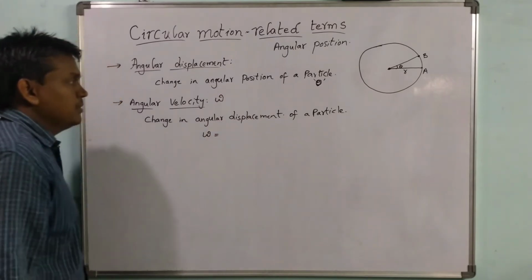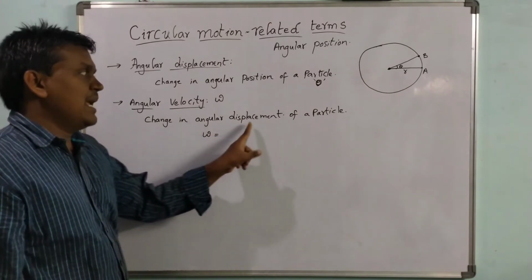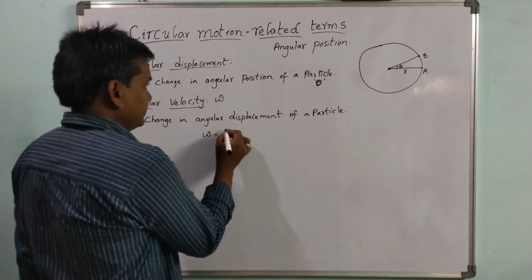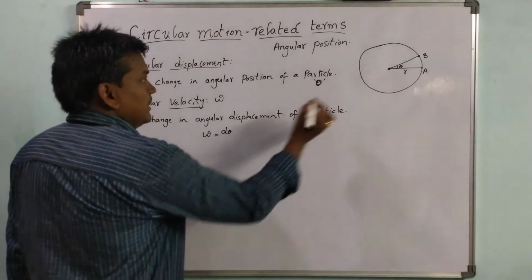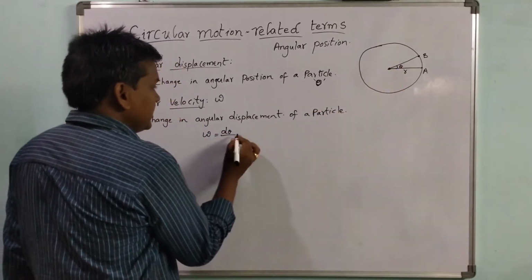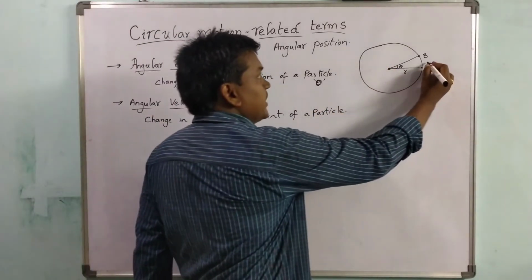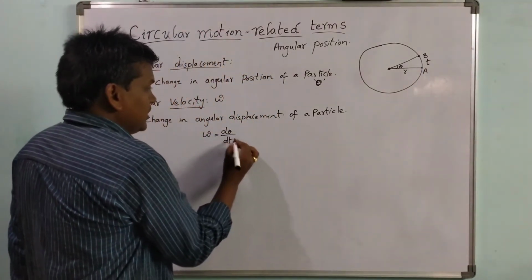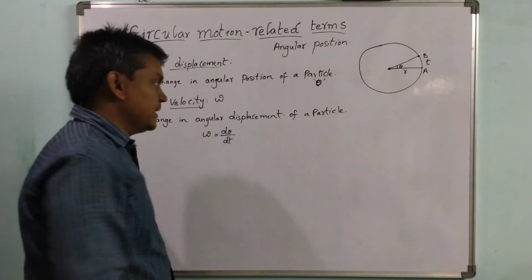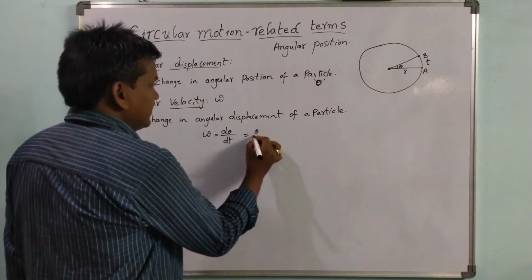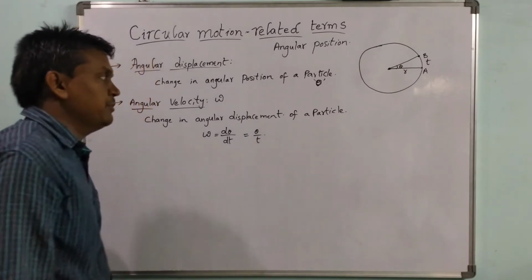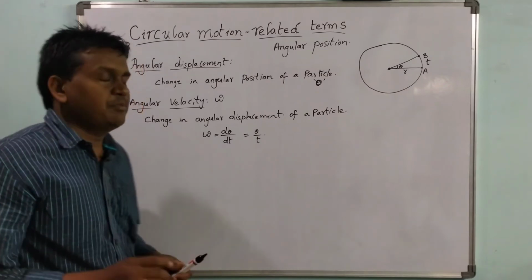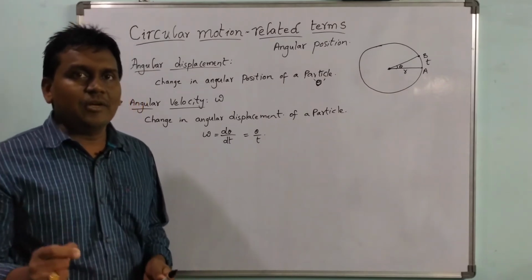So omega is equal to, what is happening here? Angular displacement is changing. A small angle d theta is changed, traveling from point A to point B in some small time t. So omega equals d theta by dt, or simply theta by t. That means change in angular displacement per unit time.